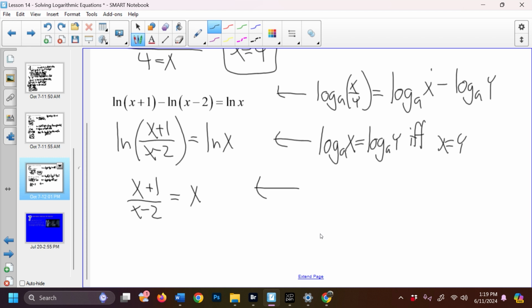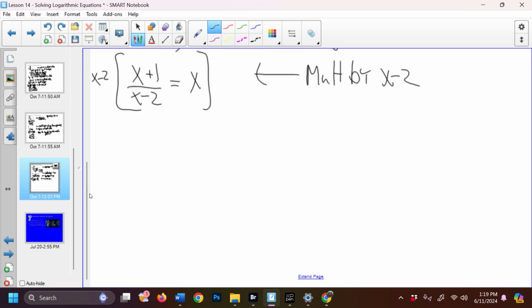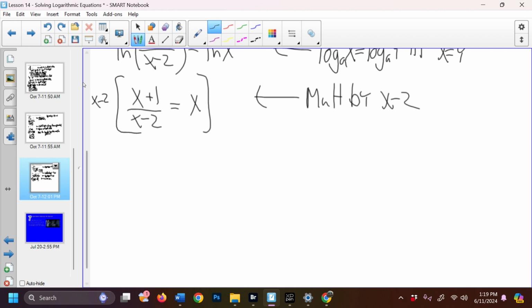So the first thing I'm going to do is multiply by x minus 2. So if I multiply this whole thing by x minus 2, on the left-hand side, the x minus 2's cancel, so I have x plus 1. I have x times x minus 2. Here I'm just going to distribute.